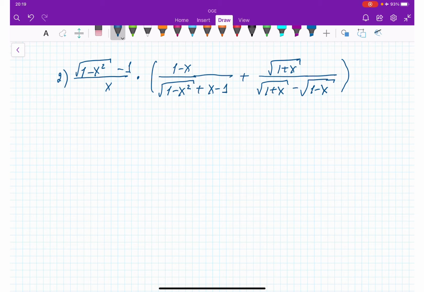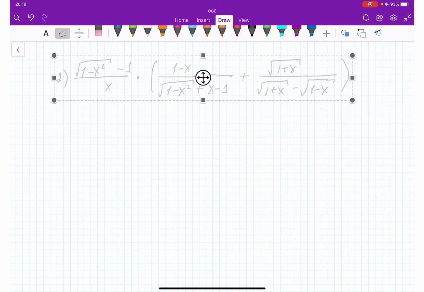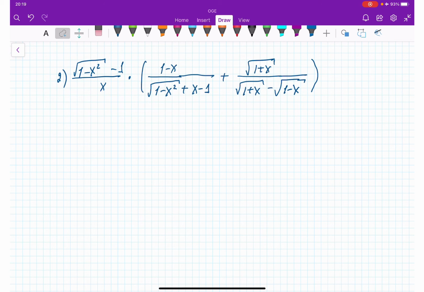Okay, before we solve this, we need to find the domain because we have a denominator here. For the domain, first of all, look here: x cannot be 0.